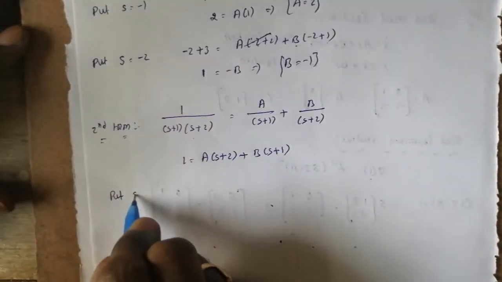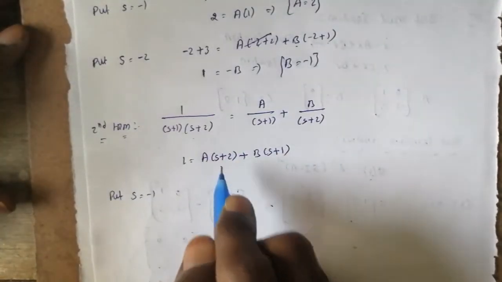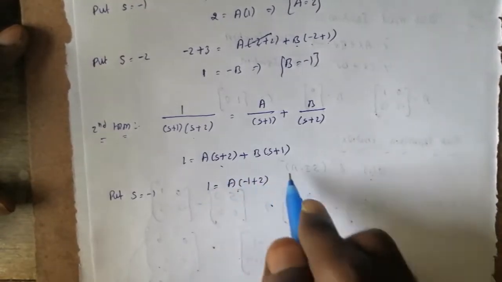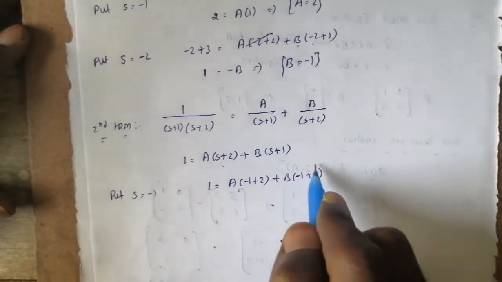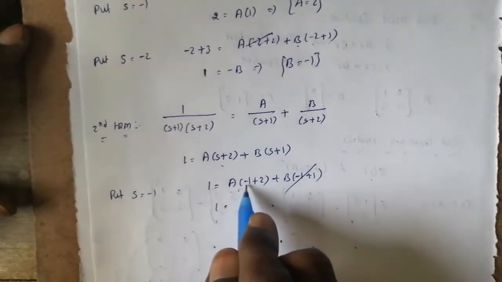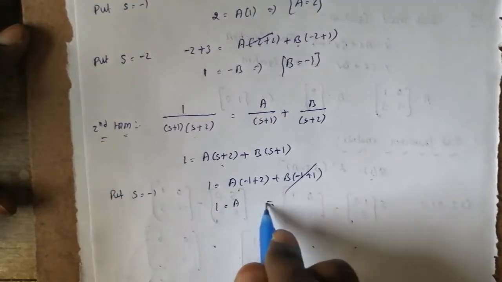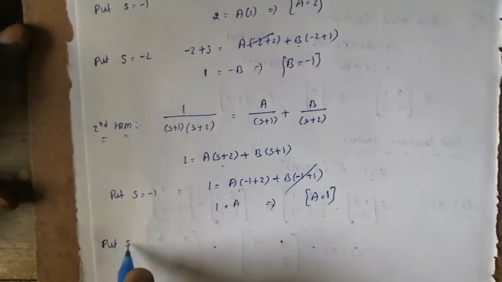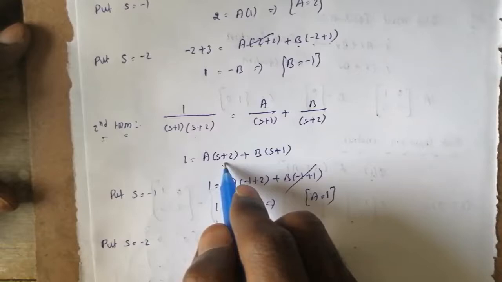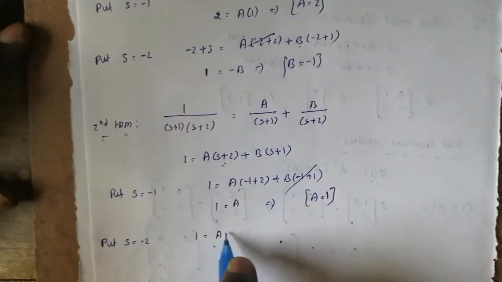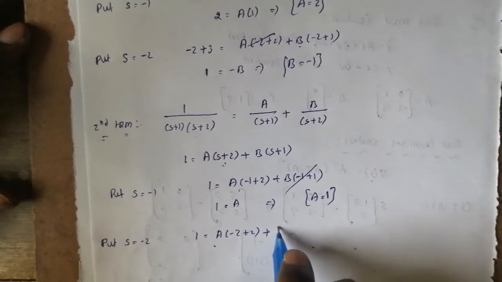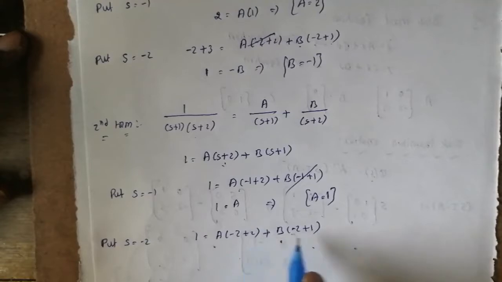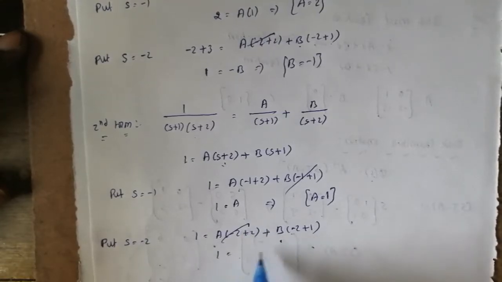So put s equals minus 1 in this equation. You will get 1 equals A(minus 1 plus 2) plus B(minus 1 plus 1). The B term should be 0, and 1 equals A, so A equals 1. Next, put s equals minus 2 in this equation. So 1 equals A(minus 2 plus 2) plus B(minus 2 plus 1).